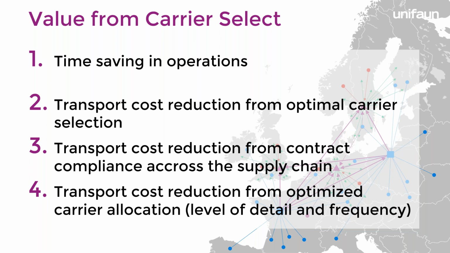And also, when you allocate your volumes, you do it in relatively big buckets or big chunks, because it's hard to explain a very detailed allocation scheme to actual users that will do the booking. So you will have to put your volumes into big pieces. You will have to make a suboptimal allocation, and you will have to live with it for a longer period of time than would actually be preferable.